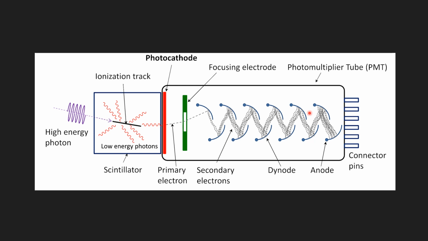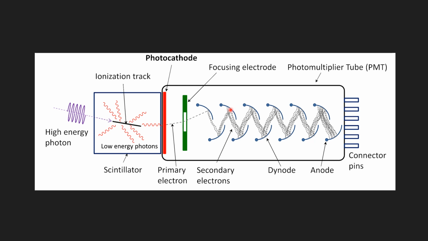So what I want to say here is that each electron will release two other electrons. Here I have one electron, it will release two electrons. These two electrons will release four electrons. So each electron will release two other electrons.